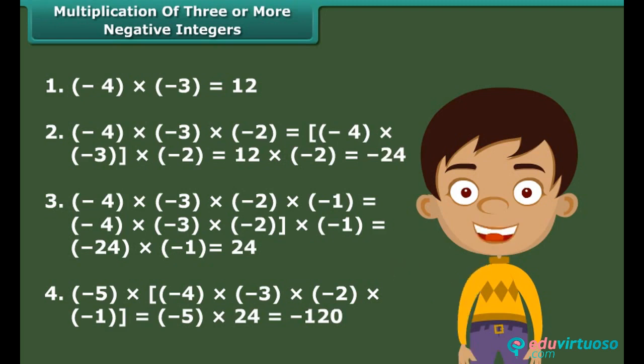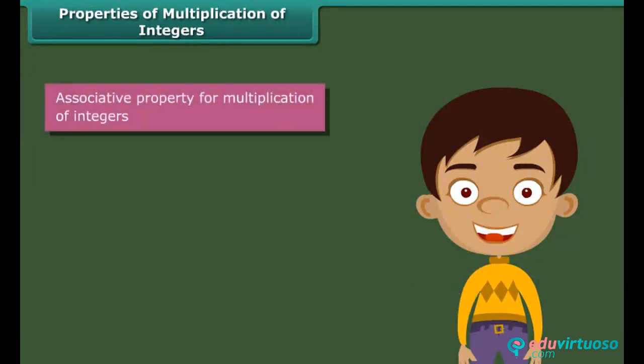Hence, we can say that if the number of negative integers in a product is even, then the product is a positive integer. And if the number of negative integers in a product is odd, then the product is a negative integer.